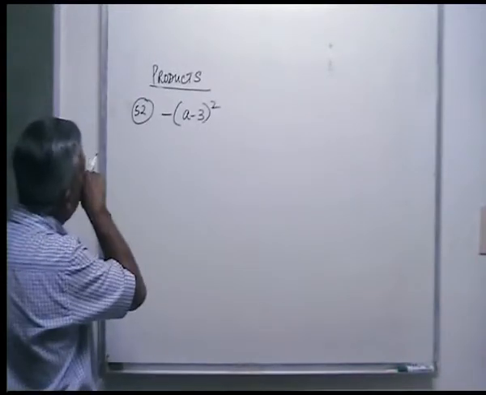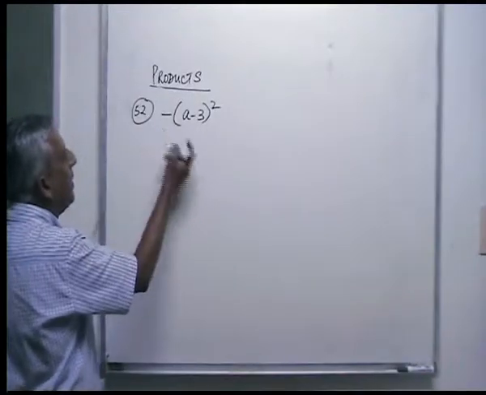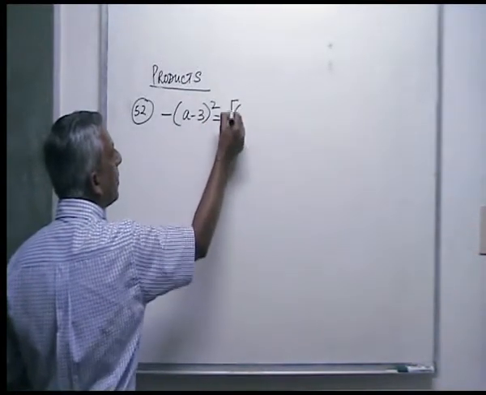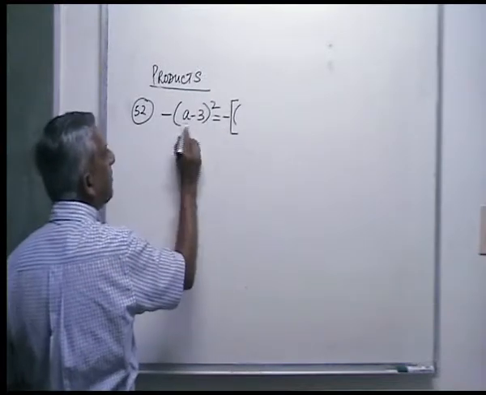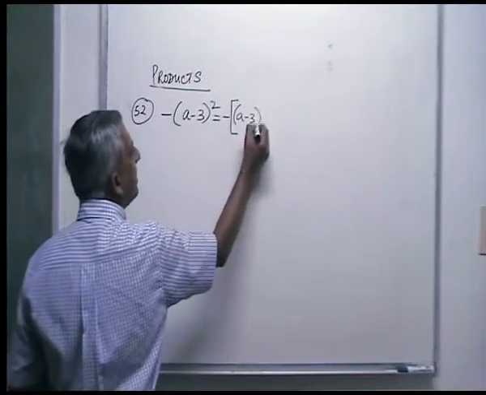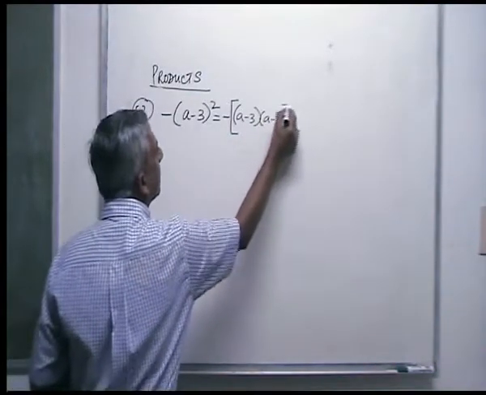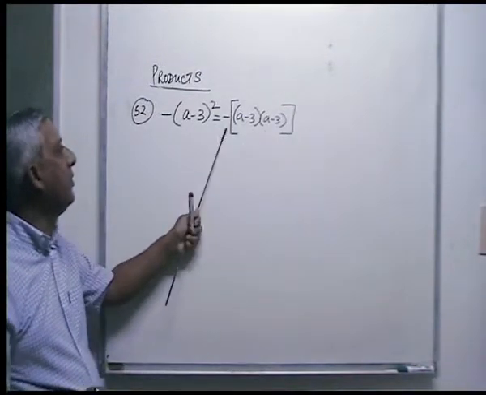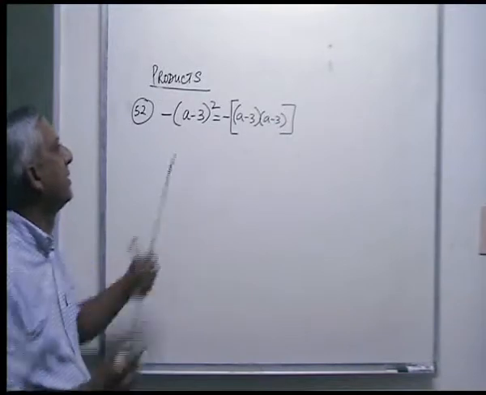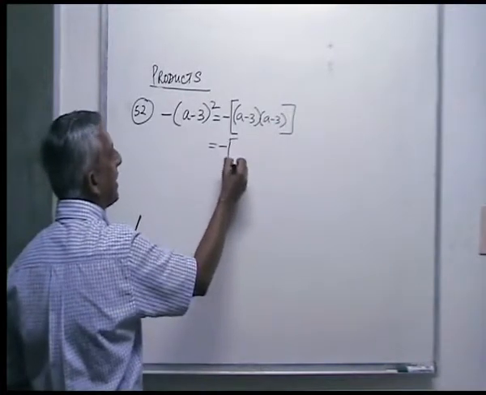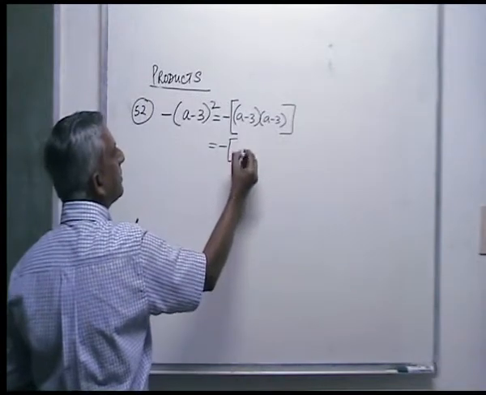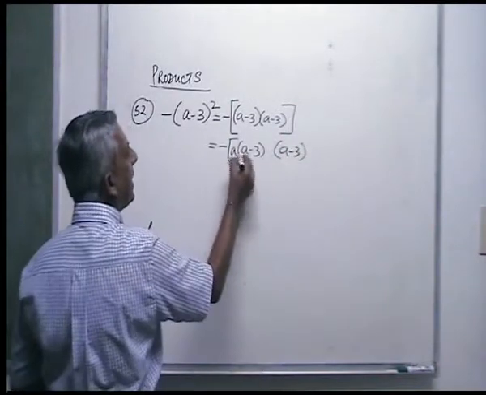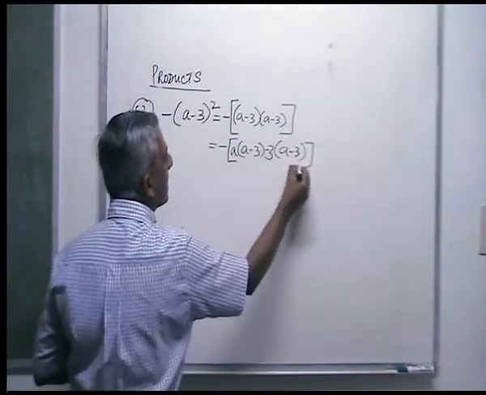We're with number 52, minus into a minus 3 cubed. Now what this is saying is that, look, first square. So this part will be in brackets, a minus 3 into a minus 3. Because we've got to square first. So we're squaring inside here, and then we're going to multiply by minus 1. So just bring down that minus. We're squaring that, so it'll be a minus 3, write down an a here, and here you got minus 3.